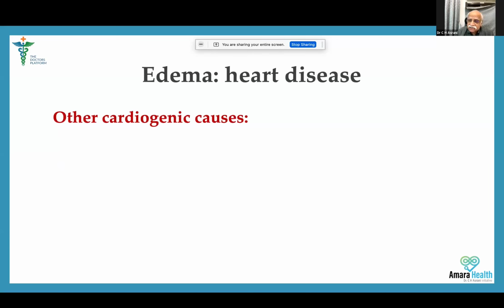Other cardiogenic causes, pericardial disease. I just had a young patient, 24 years old, who kept complaining of chest pain. We did an ECG, although there were no signs of any cardiac problem, but we still did it to rule out, because you are seeing young deaths today. We did an X-ray.